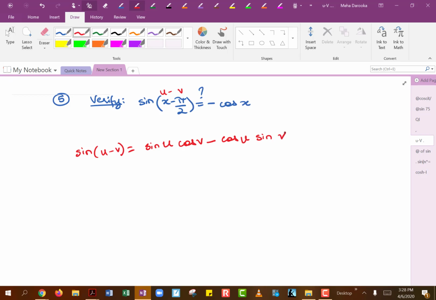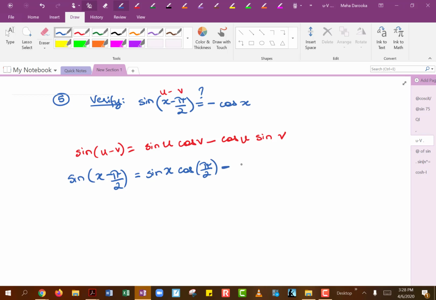So using this, let's rewrite number 5. If you are given sine of x minus pi halves, this will become sine of x cosine of pi halves, keeping the minus sign.